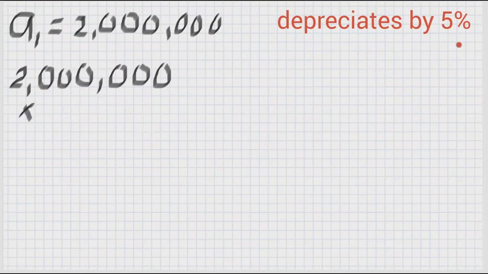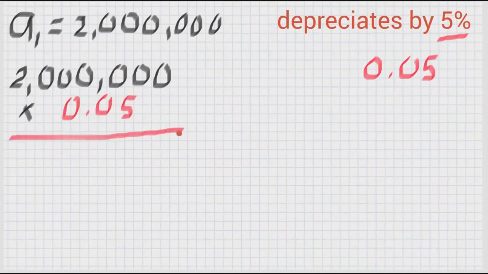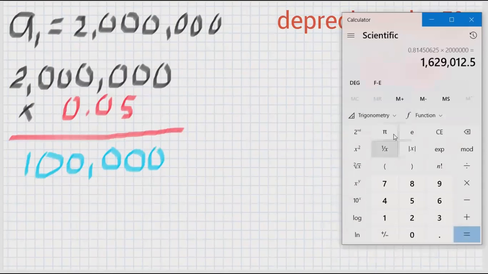You know that 5% is equivalent to 0.05. So 2 million times 0.05 would be equal to 100,000. You can use your calculator to solve this.